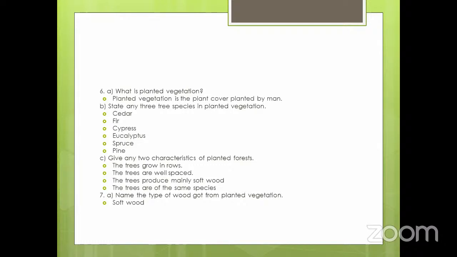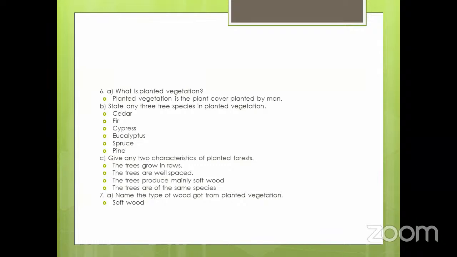Okay. The trees are of the same species. That's good. Trees grow in rows. Some people prefer saying trees grow in lines. That is not lines, so they grow in rows. Trees are well spaced, which is true. It is not like the case with the natural forest. Then trees produce softwood altogether. Then the trees are of the same species. Then someone said trees mature quickly, and so on.